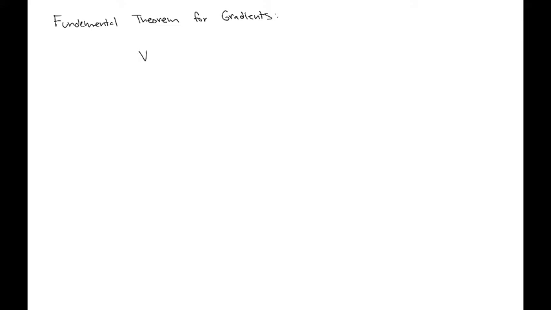Okay, but the fundamental theorem for gradients would say that our difference in these potentials at our endpoints, let's just call them b and a now, would be equal to the integral of the gradient of our scalar field v, dotted with dl.